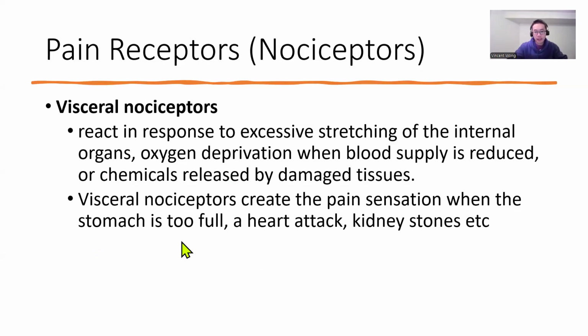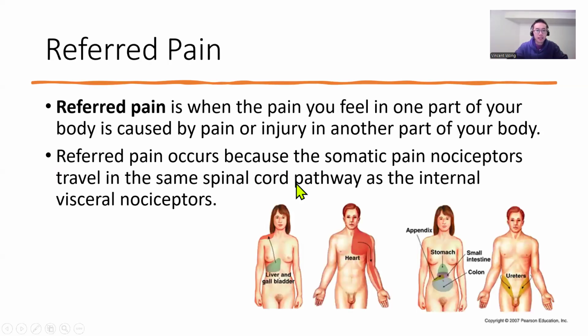All right, all the examples are here. Now, sometimes we experience what's called referred pain. Referred pain is a situation where you feel like the pain is coming from one part of the body, but it actually originates from another part of the body.